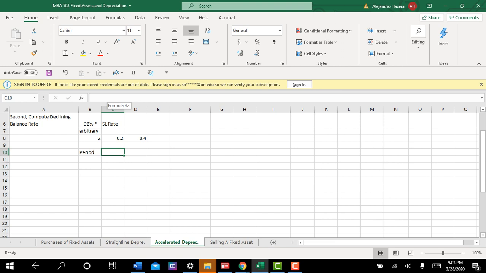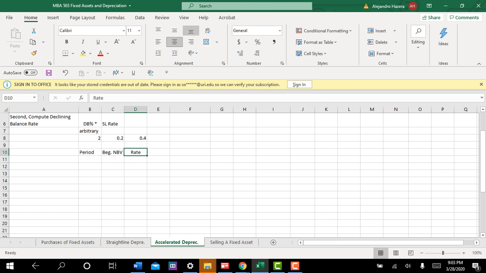This is, I'm going to say, net book value. And I really should say this is your beginning net book value. That's your net book value at the beginning of the period we're talking about. Then we're going to just put our rate, which is our declining balance rate. That's going to be a very easy column.